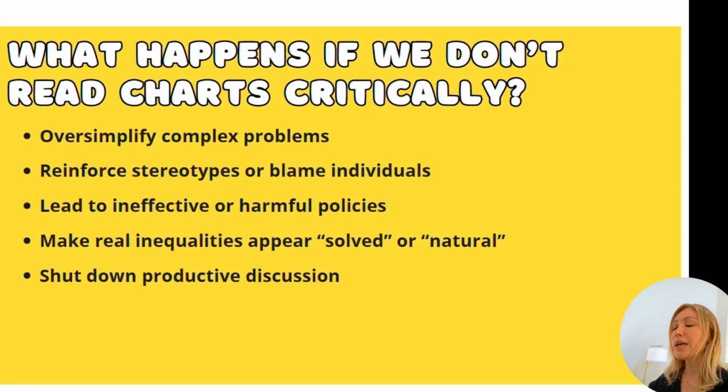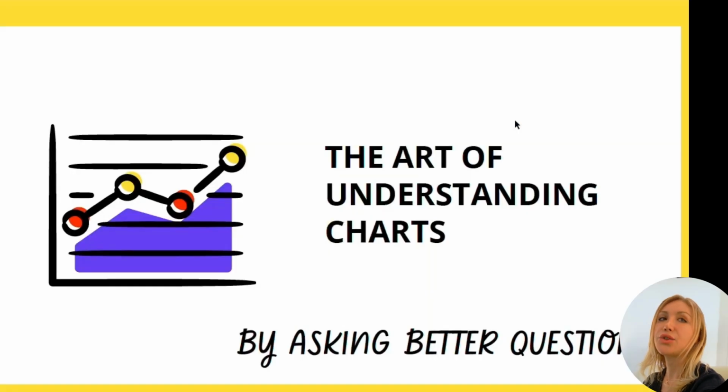It would make real inequalities that actually exist in our system, in society, appear like a solved issue, or no longer a systemic problem, or it may look natural, but in fact those inequalities actually exist, and it may shut down productive discussion. So these are important to be aware of, which is why we need to understand these charts critically and apply critical thinking.